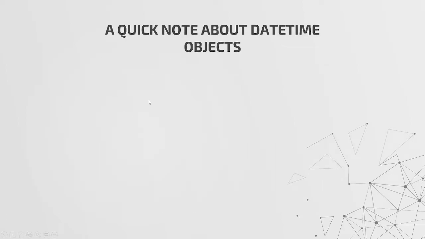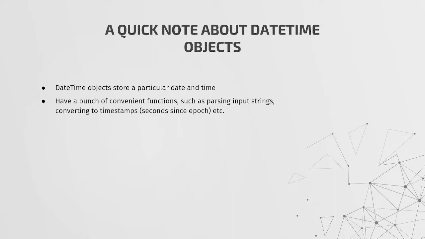Just to speak a little bit more about the datetime objects, as I mentioned, these datetime objects in Python are used to store a particular date and time. We use them because they have a lot of convenient functions for both creating them and for transforming them into other forms. For example, you can create one by reading in a string, and there's also a function that you can use to create a timestamp.